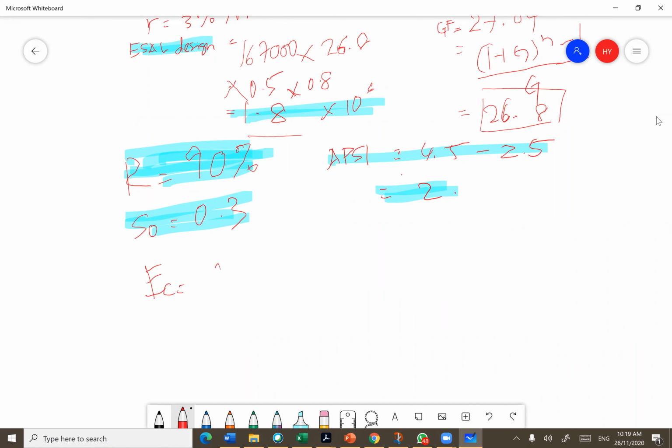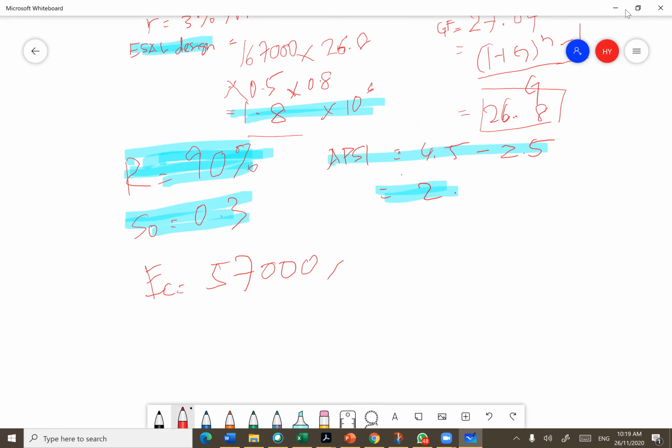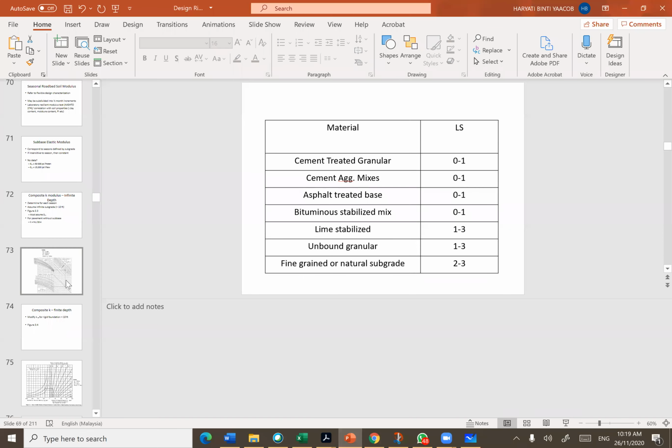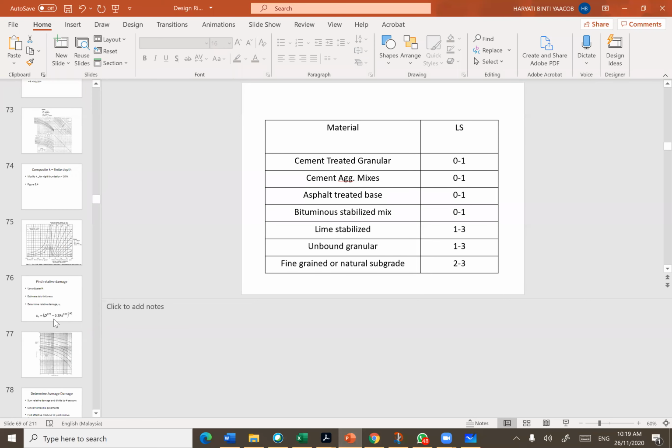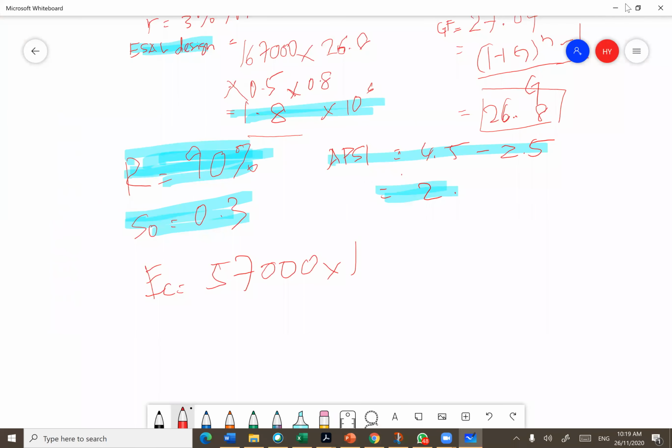The EC equals 57,000 times the square root of FC. I don't memorize the formula, let me check the slide. So 57,000 square root FC.